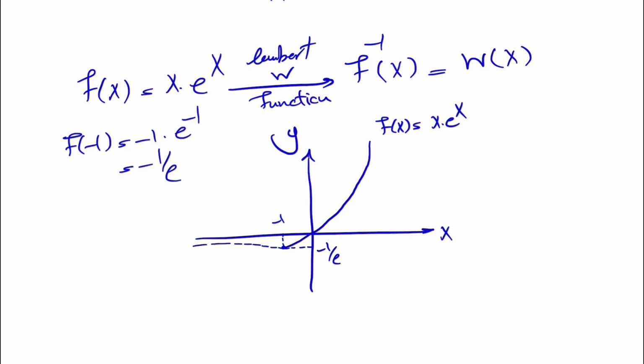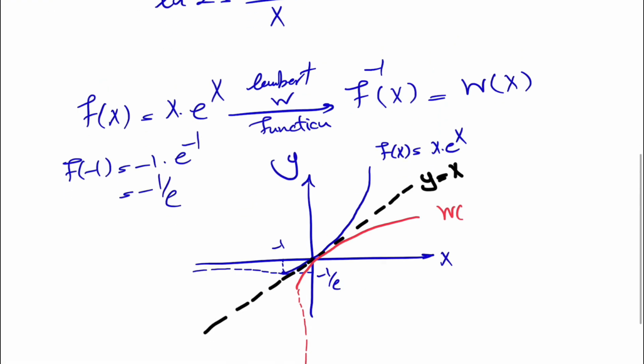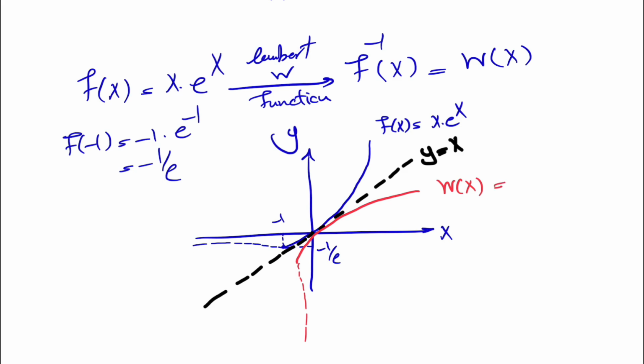And if we want to find the W function or the inverse function, we just have to draw the line y is equal to x, and what we get in here will be our W of x, the inverse function. So in here, -1 would be the point for W of x, and over here we have -1 over e, which is basically our x and y switched.